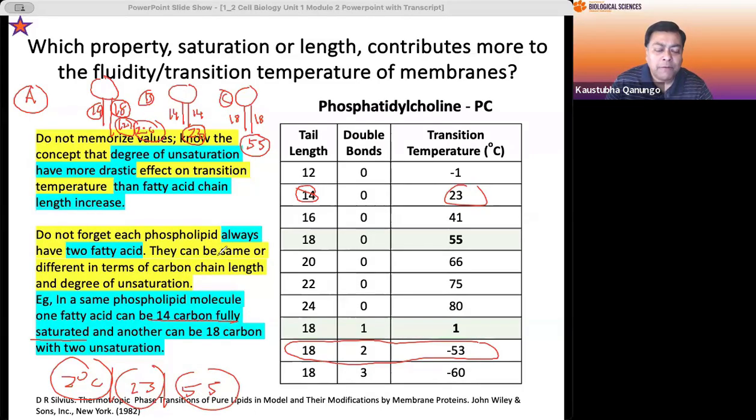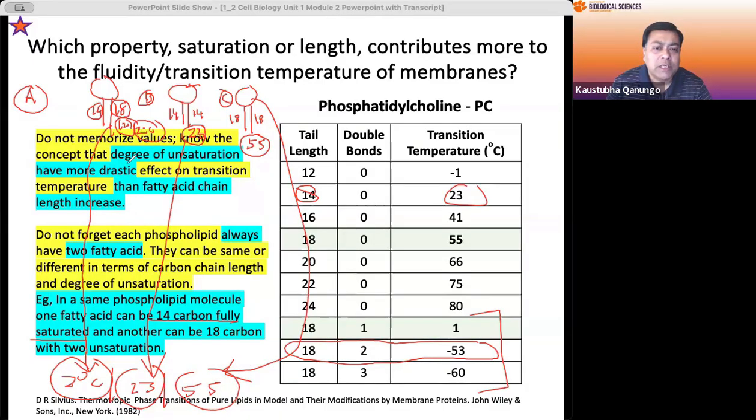So the first thing you will do is that whichever has the longest carbon chain will always have the largest number. Then you have a moderate length, which will probably have the middle number. So what you will remember is that, whatever composition I give, look for which one contains the highest number of unsaturation. That temperature will always be the lowest, whereas a lower carbon content will have a middle temperature, and a higher carbon content will have a higher temperature.